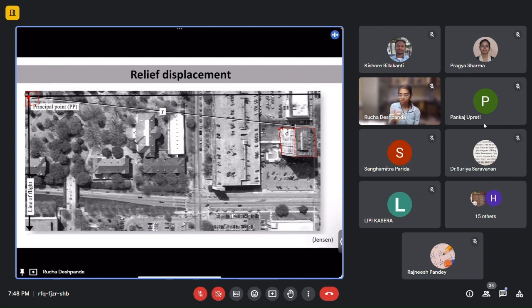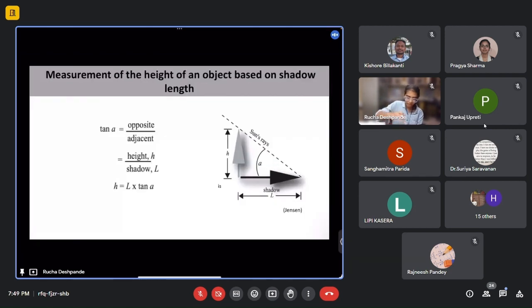We need to know a few other things, like the height of the aircraft, the distance between the principal point and the top of the object, and the relief displacement. Based on that, we can calculate the height of these buildings. So we'll look at this figure, and then we can understand it better.